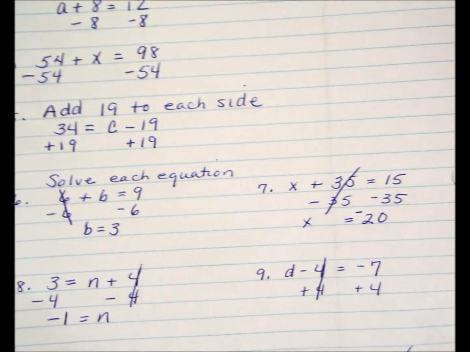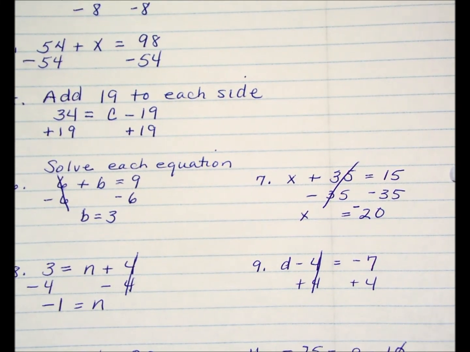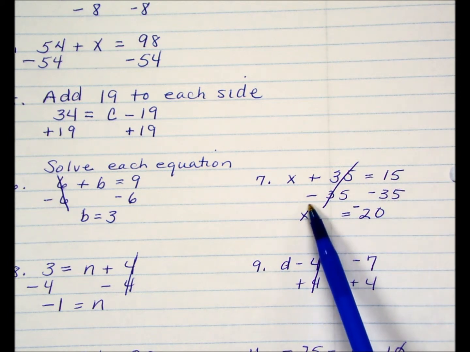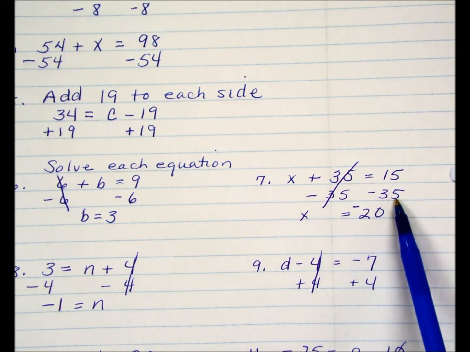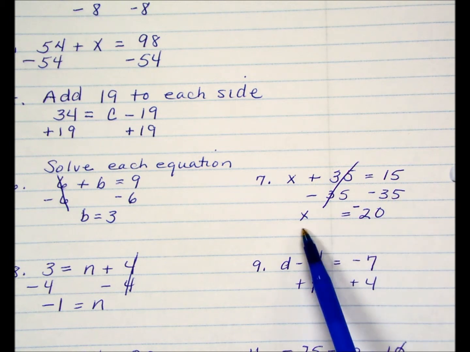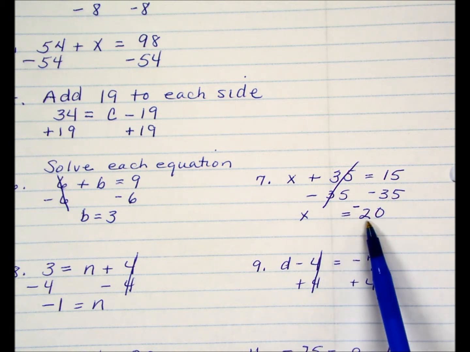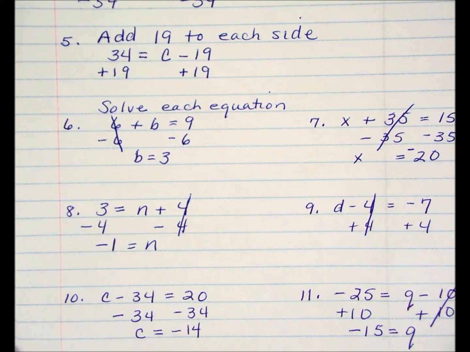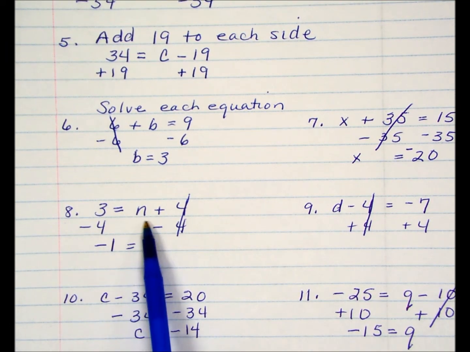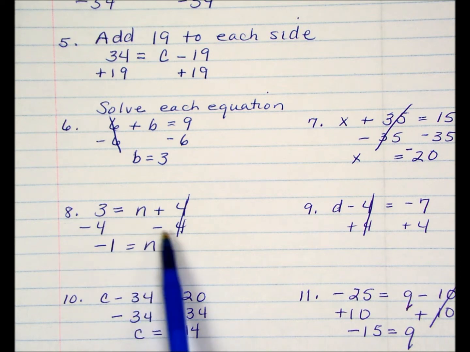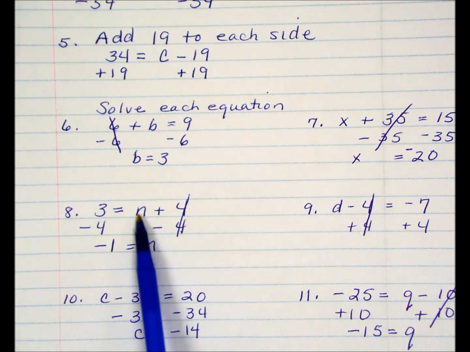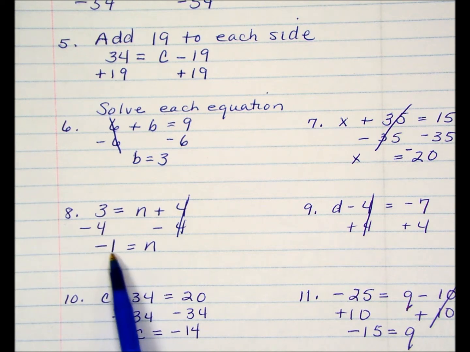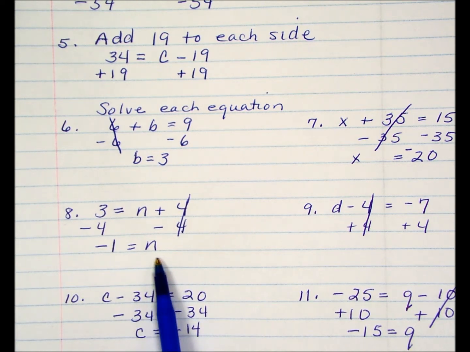For number 7, it was x plus 35 is equal to 15, so we subtracted 35 from both sides and got x is equal to negative 20. For number 8, 3 was equal to n plus 4. 4 was with n, so we subtracted 4 from both sides and we got negative 1 is equal to n.